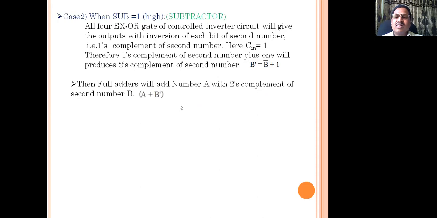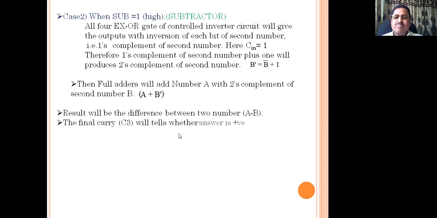That is, A plus B dash, means first number added with the 2's complement of the second number, obtained by B bar plus 1 by the 4 XOR gates and carry in as 1. See here now, for the sake of understanding, the resultant will be the difference between numbers A and B.